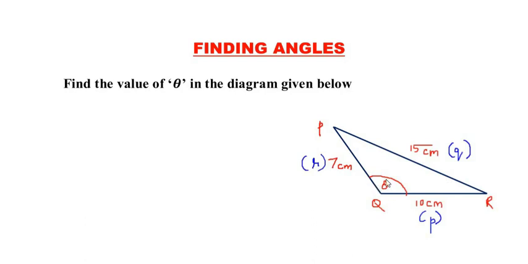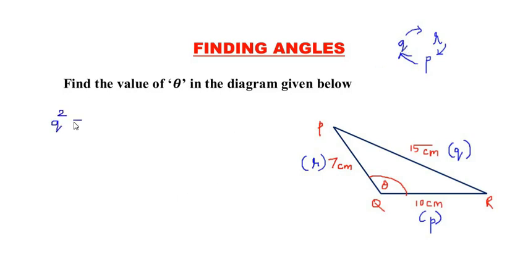Now since the angle Q is asked, we are going to start with its opposite side, which is Q. So if we start with Q, we are going to continue with P, Q and R. So remember, this is the loop, P, Q and R. So if we are starting with Q, let me write the cosine rule.